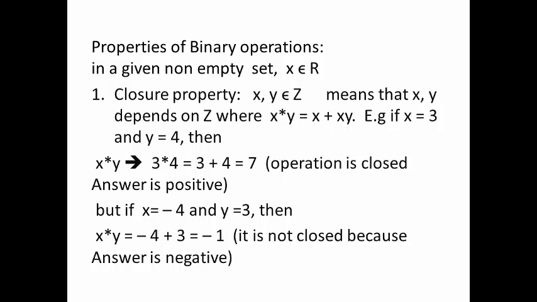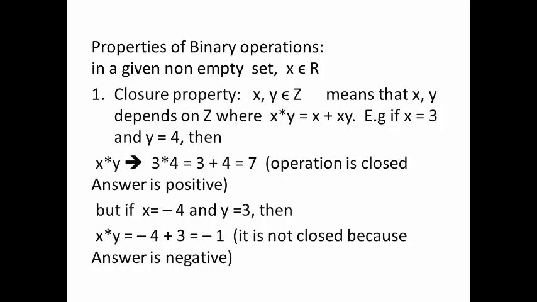Thank you. Now, under the closure property, which is the first, if you are given a non-empty set, that simply means that set is not empty. What are the elements? Let us use letters. x belongs to real numbers. So if x and y, under this closure property now, we want to choose particularly a positive integer.